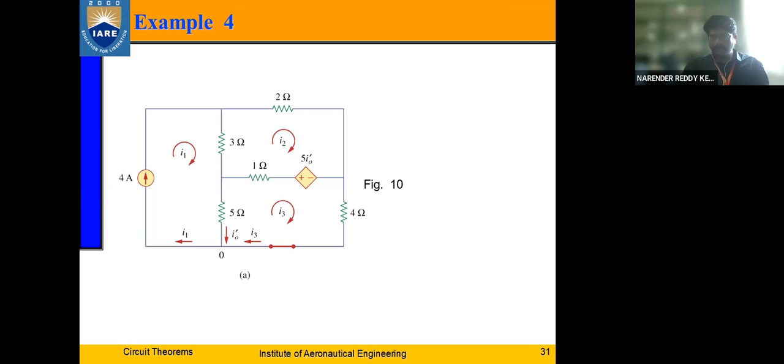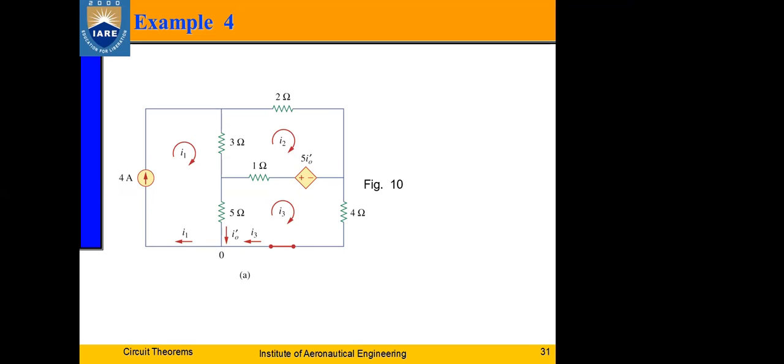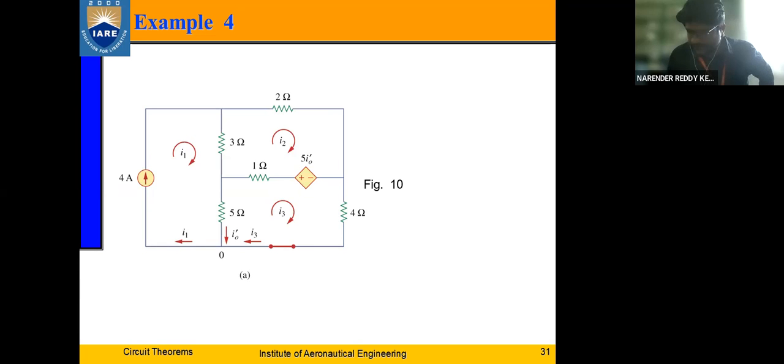Are you able to write the equations for mesh analysis? So you forgot the mesh analysis, right? If I get some confirmation from your side, I will be waiting.